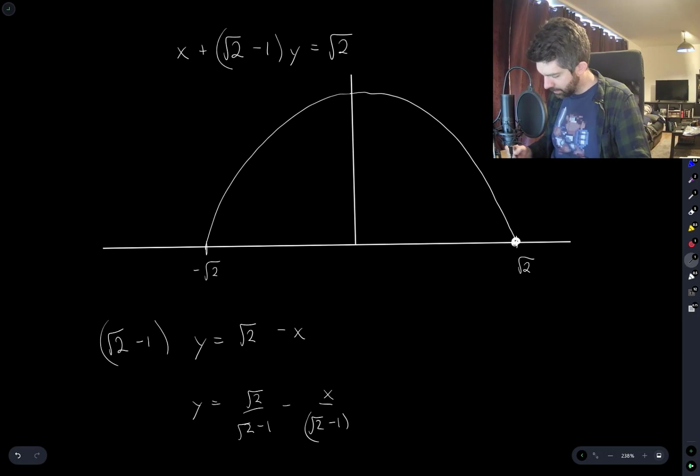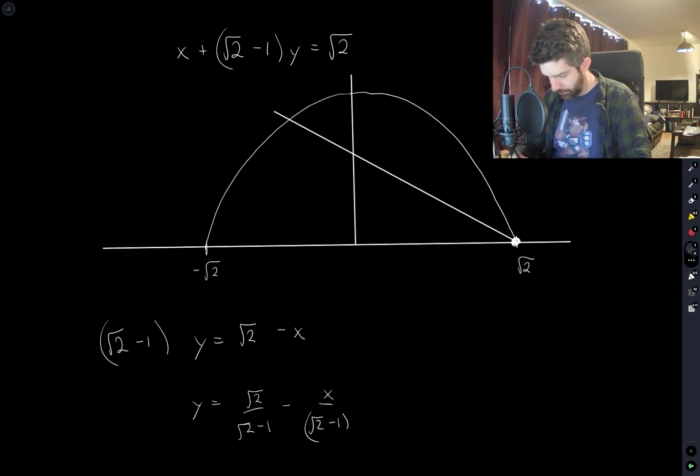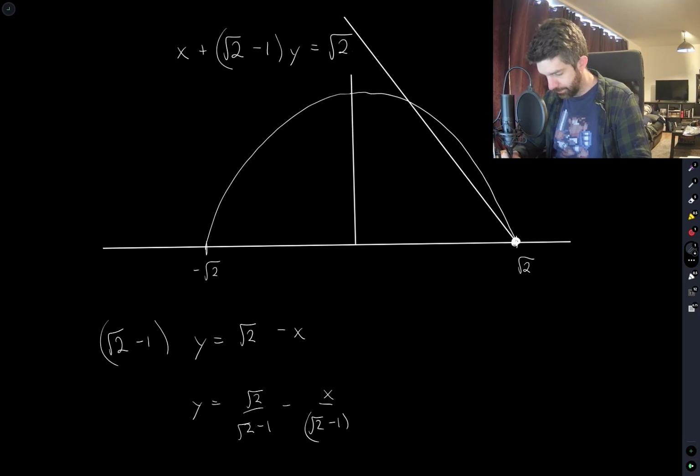So there's a straight line which goes something like this. Where exactly is the intercept? When x is equal to 0, y is equal to root 2 over root 2 minus 1. So that's something greater than 1.